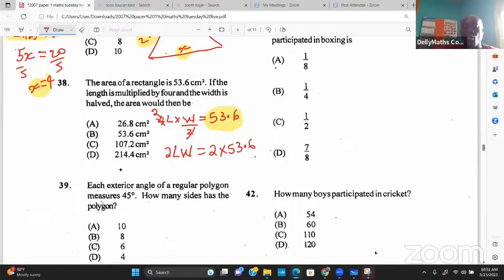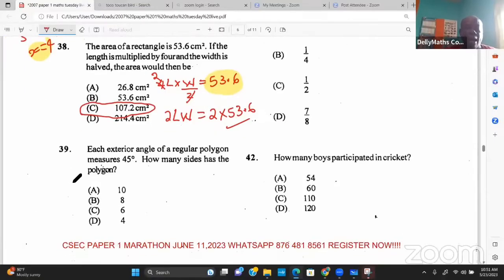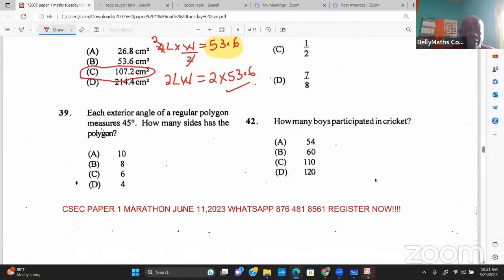All right, and I'm going to get 107.2. Right, when you multiply that by 2, 107.2. Right, so sometimes let's apply yourself to the idea, look to see what you have. All right, let's go. 39. 39 says each exterior angle of a regular polygon measures 45.